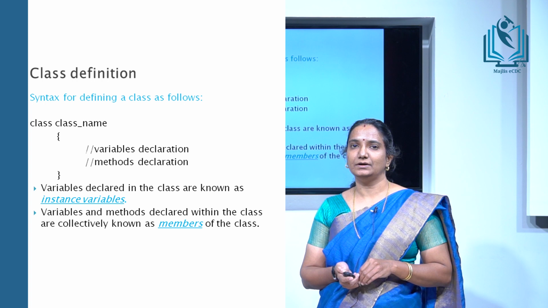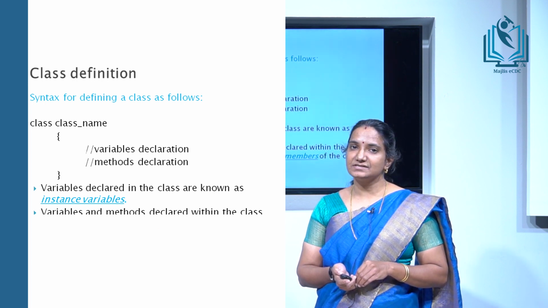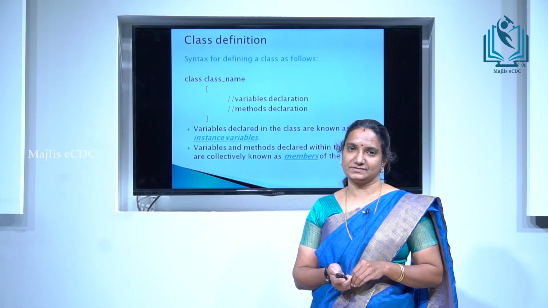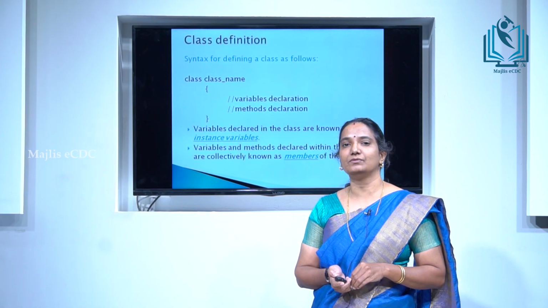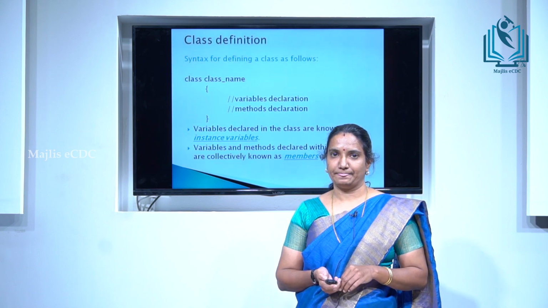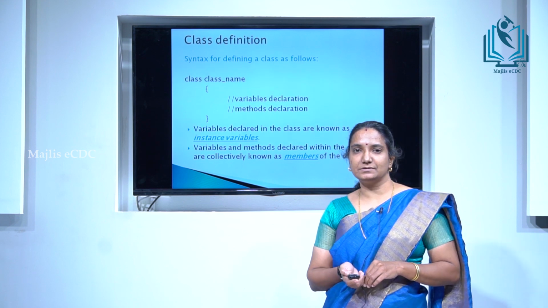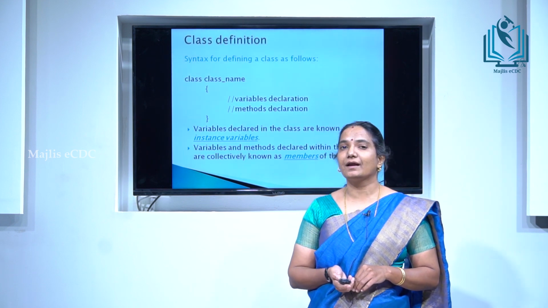A static variable has only one copy, which is shared by all objects. So if there is any change in one object, it affects other objects. Then next, the variables and methods are collectively known as class members.